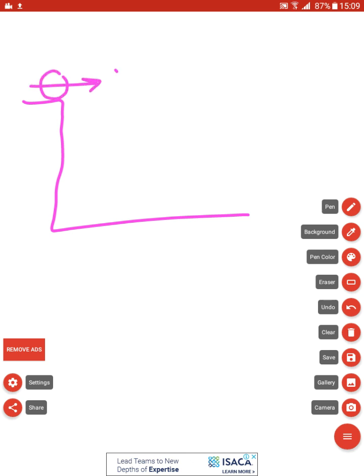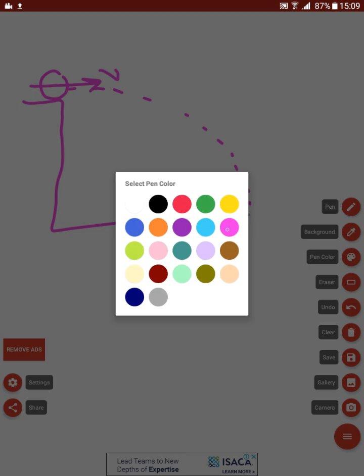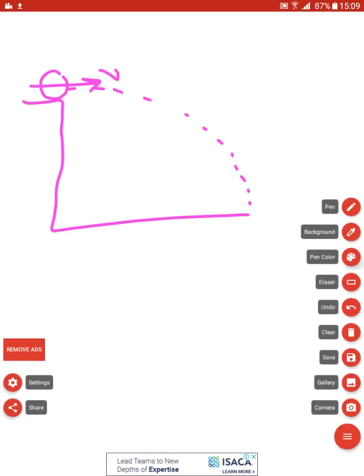If we have an initial speed here, and the object starts moving downward, we have velocity in the horizontal direction. This is the horizontal speed, Vx. Here the speed in the y-axis equals 0, but the speed in the x-axis is v.